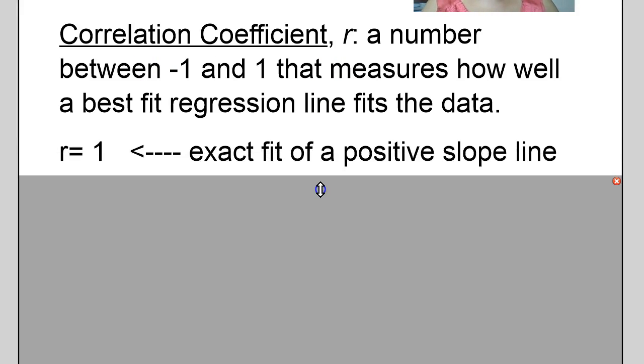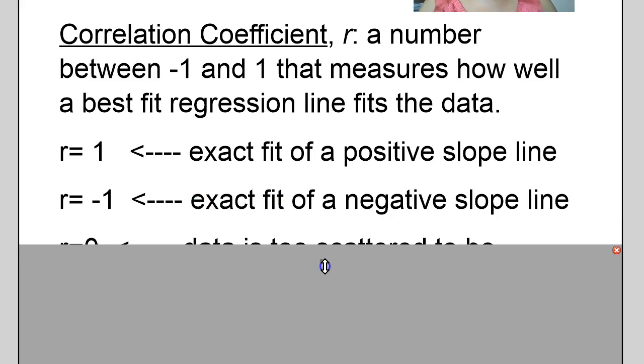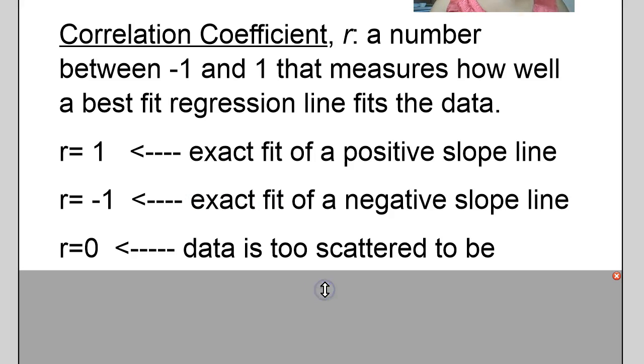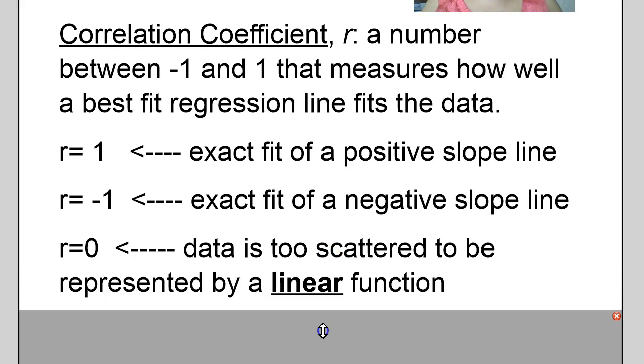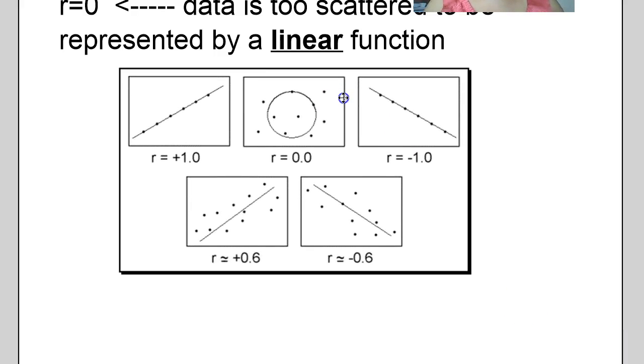If it equals 1, that means the fit line is an exact fit of a positive slope line. And if the correlation coefficient is -1, it means that the fit line is an exact fit of a negative slope line. If the correlation coefficient is 0, then the data is too scattered to be any type of linear function relationship. Okay, and I have an example graph to represent that.